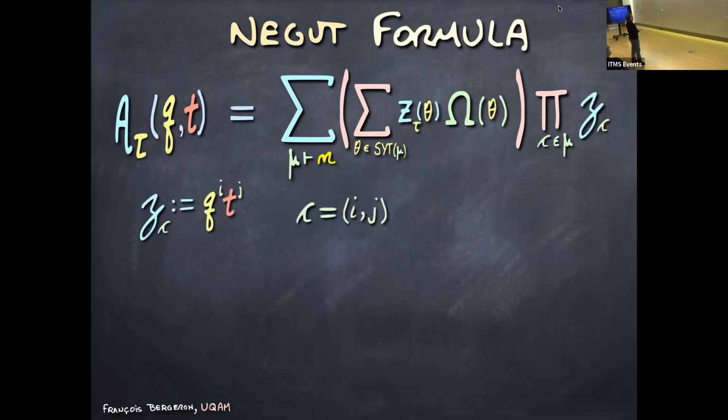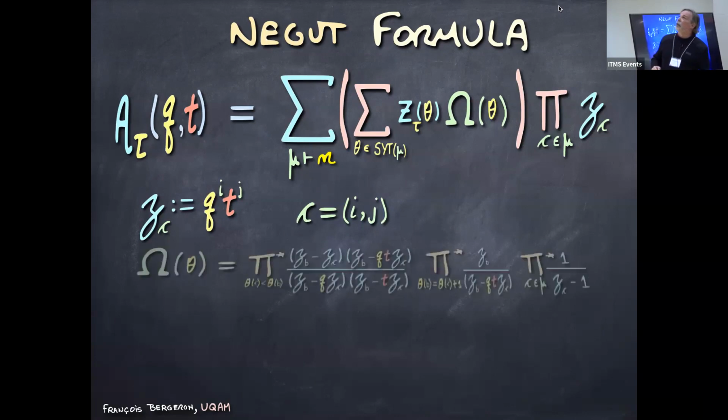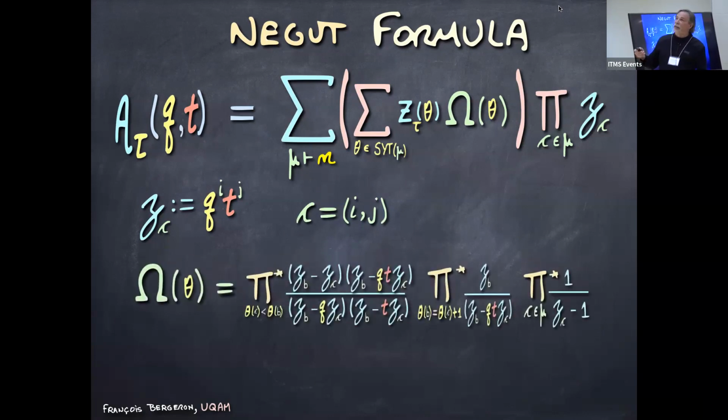But there's a formula that you can get for this using beautiful work of Negut, though it's a bit messy. So if you give me tau, I can calculate without going through the combinatorial setup of calculating everything. You can get a formula for this.